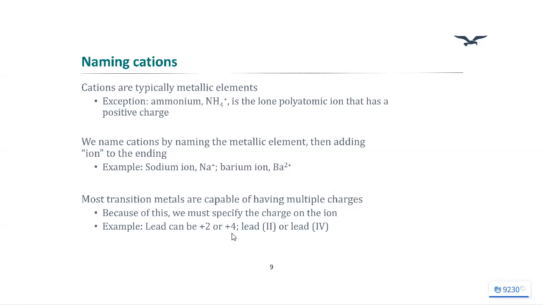Now, if I were looking at the ion by itself, outside of a compound, if I just had NH4 plus listed, I would name that as ammonium ion. Ammonium for the NH4 cluster, ion because it has a charge. I would put both of them in that description, because if I don't say ion at the end, it implies that there's no charge on that cluster.